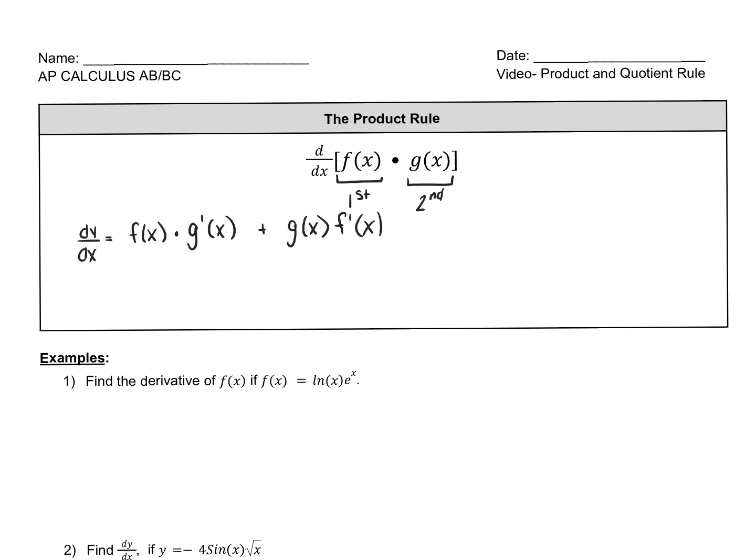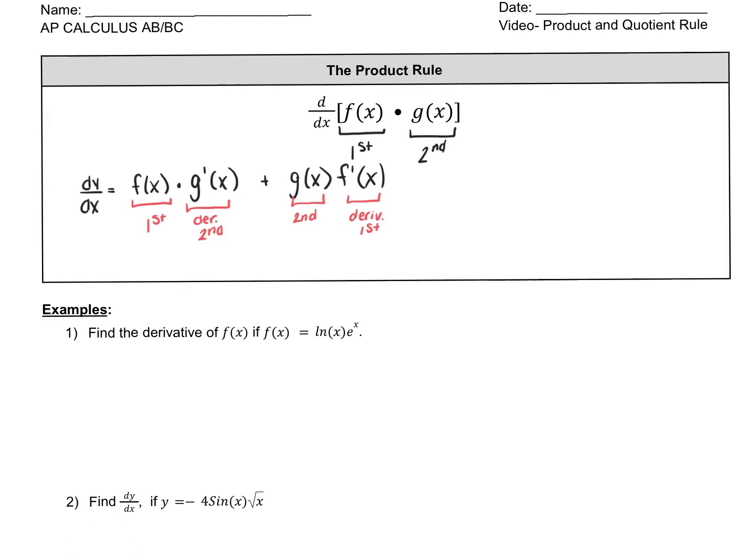So that's what it is in symbols. In words, you can write first times derivative of the second plus second times derivative of the first. All right, so that's the formula for product rule.